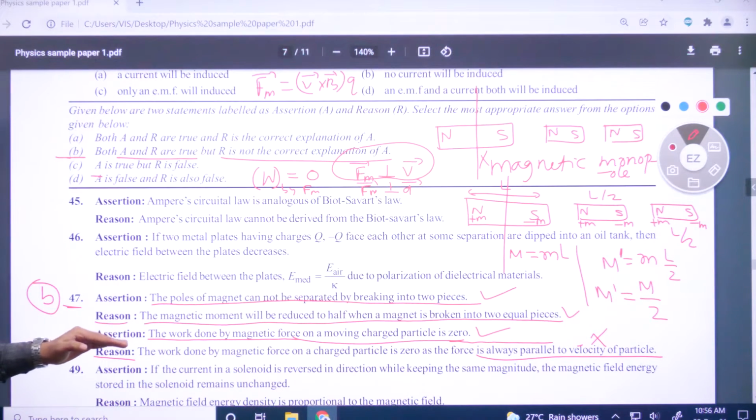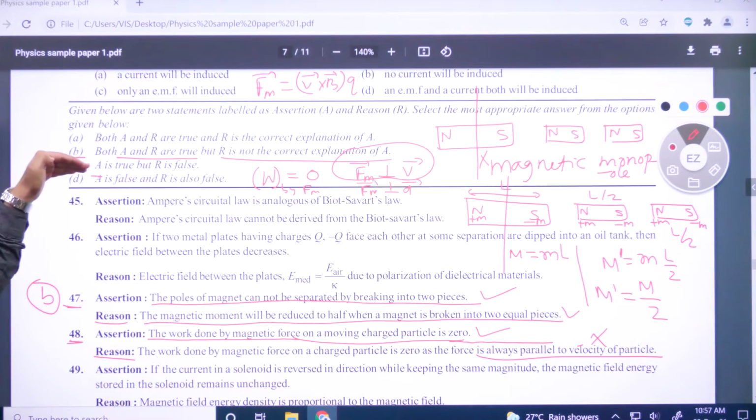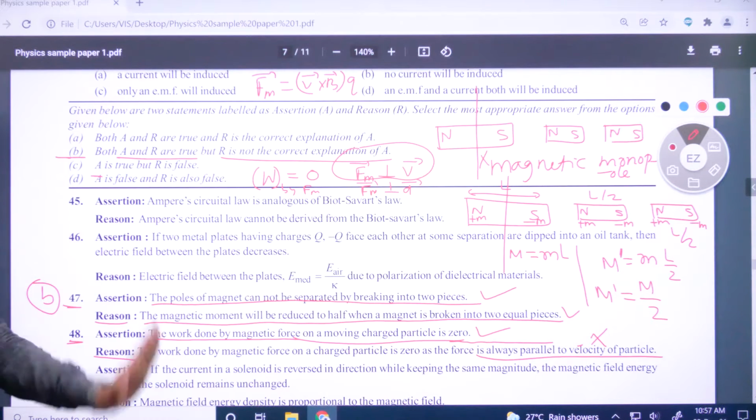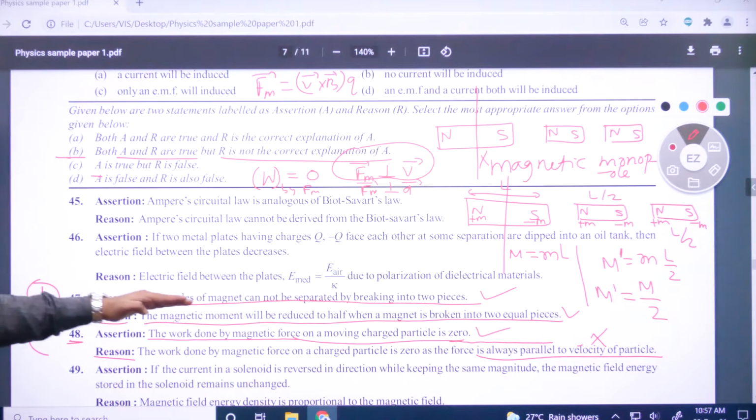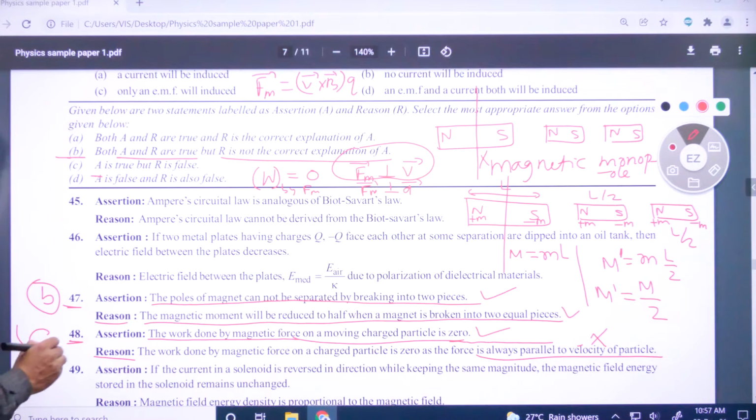So you can say A is the correct statement but R is a false statement. The answer will be C: A is true but R is false.